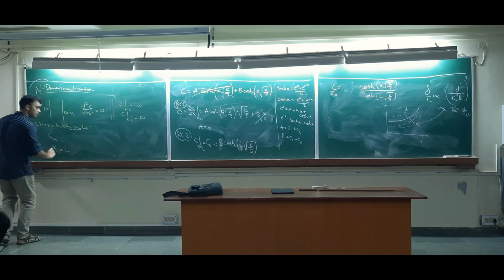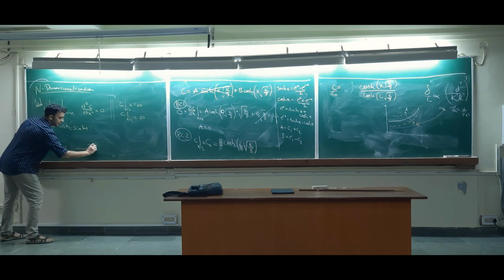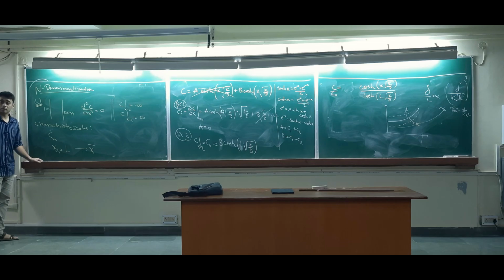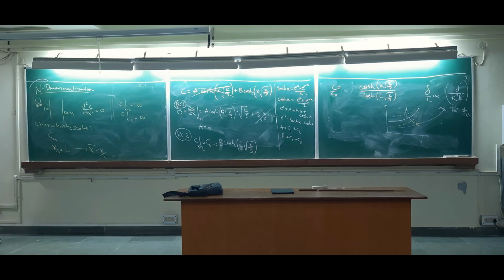So this would be L. Then I'm going to define x bar, a non-dimensional number, that will be x by L, so that my length goes from 0 to 1. L could now be 1 meter, 1 centimeter, 1 micrometer, 1 kilometer, I don't care.